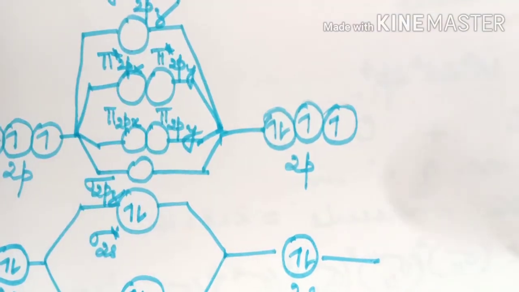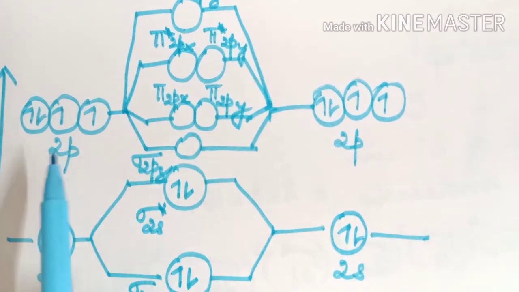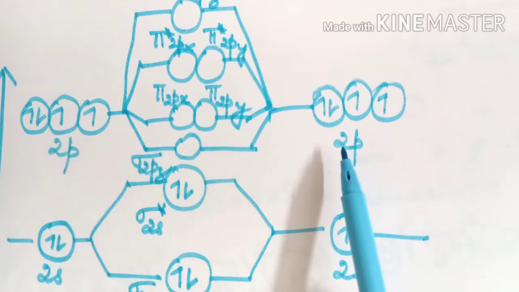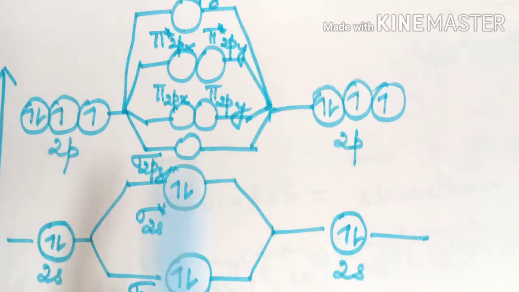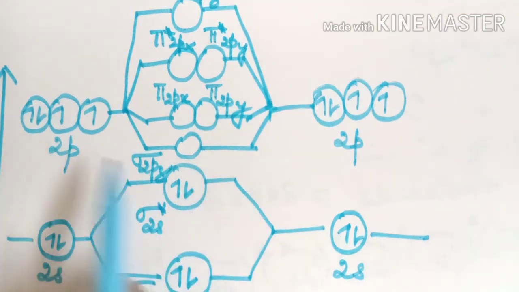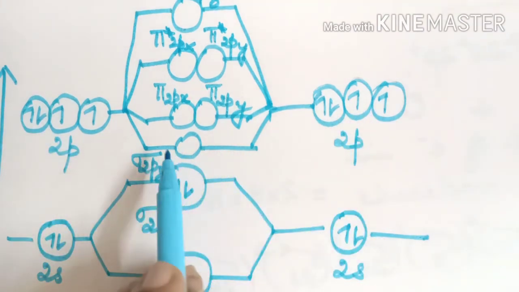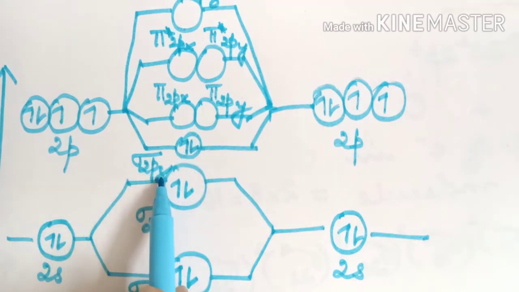Now we have to arrange the rest of the electrons present in 2p orbitals. How many electrons are there this side? This side you find 4 electrons are there, and the other oxygen also contributes 4 electrons. So a total of 8 electrons are to be arranged. That will be arranged according to Aufbau principle and Hund's rule. So here you find that one electron from this side and the other electron from the other atom come and join together to fill up sigma 2pz.